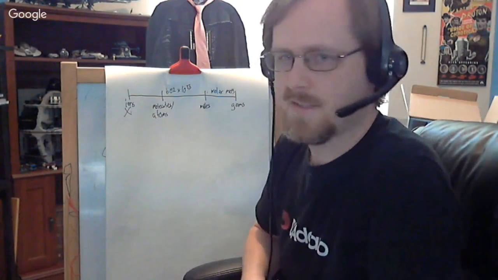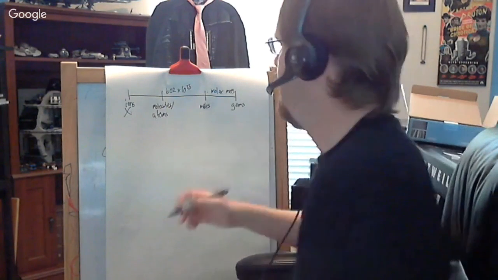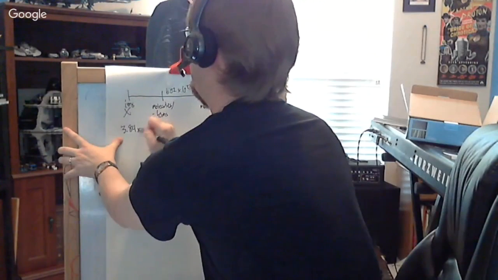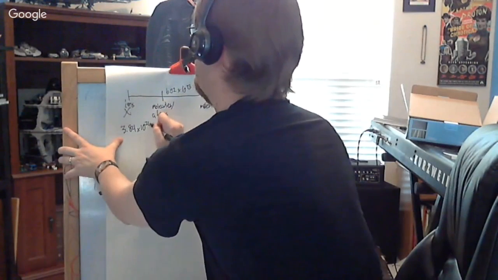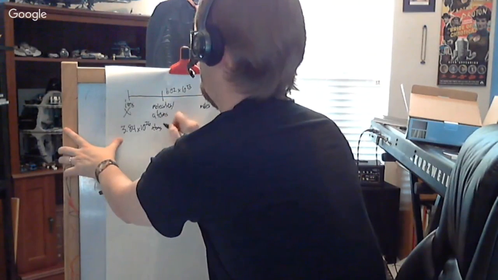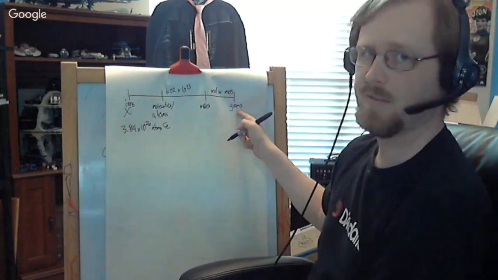Let's say, for example, that we are starting with 3.84 times 10 to the 26th power, and that is atoms of iron. And I want to know, well, how many grams is that?